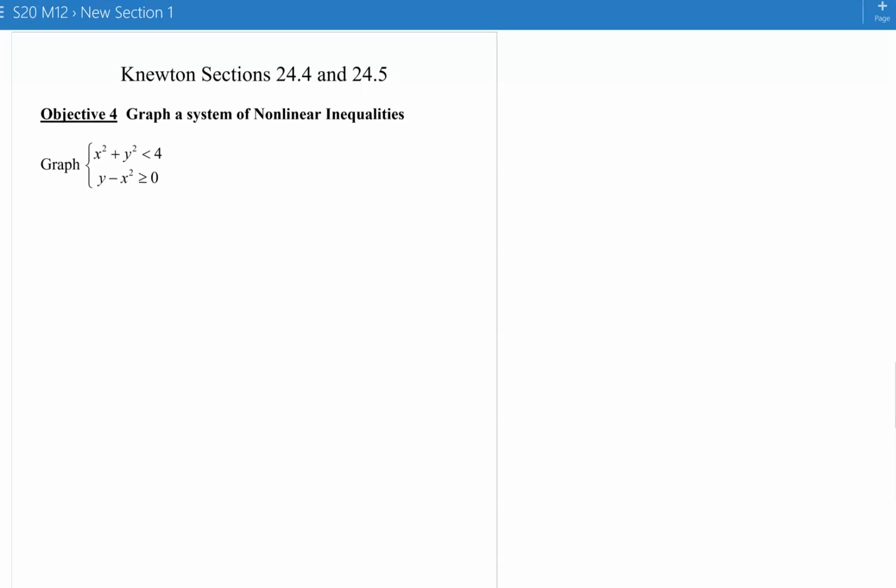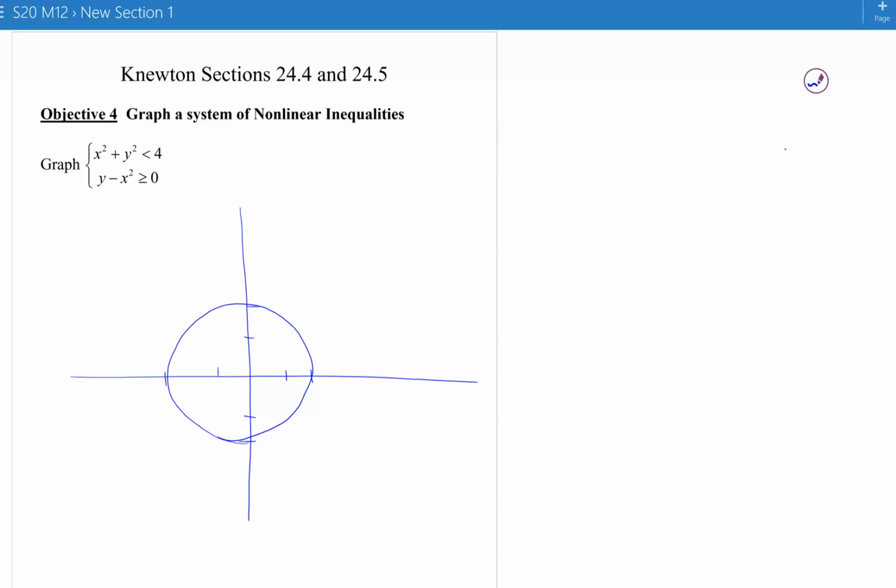Okay, and then here's a system of nonlinear equations. So we're going to have a circle with radius 2. And it's a dashed circle.